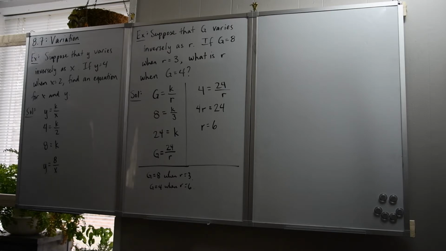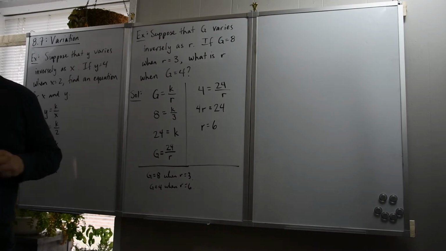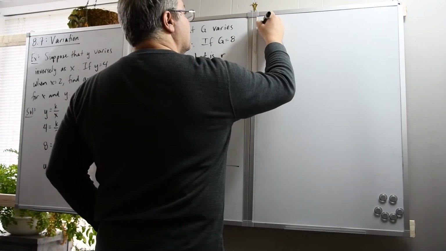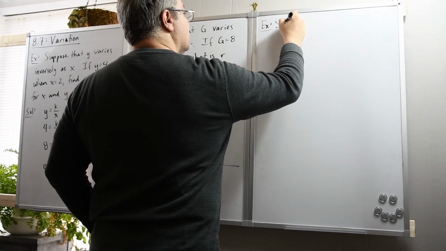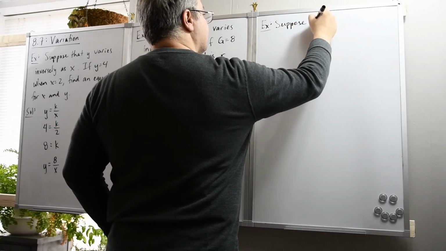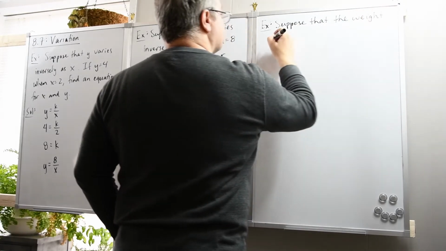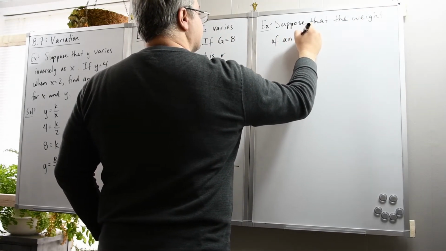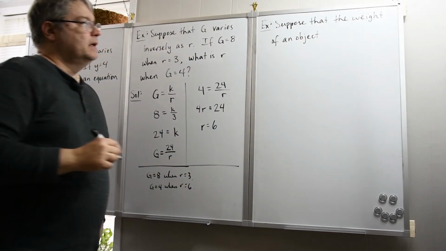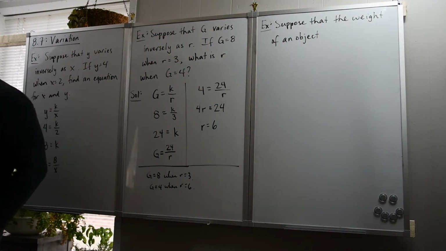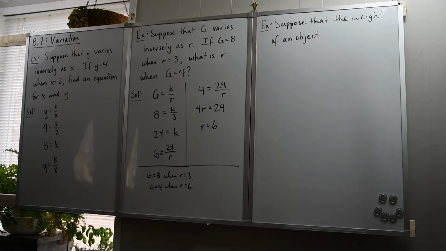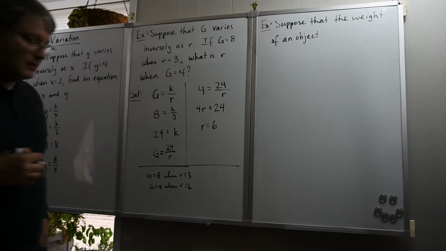So this one is going to be an example in which we consider the weight of an object. So in this case, the weight of an object is going to vary inversely as the square of its distance from the center of Earth.